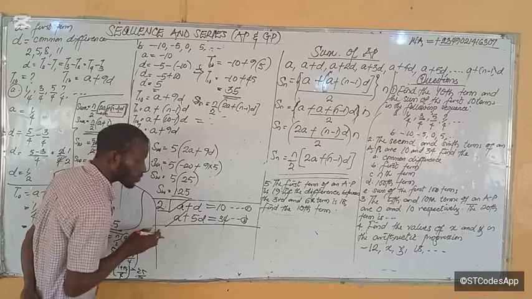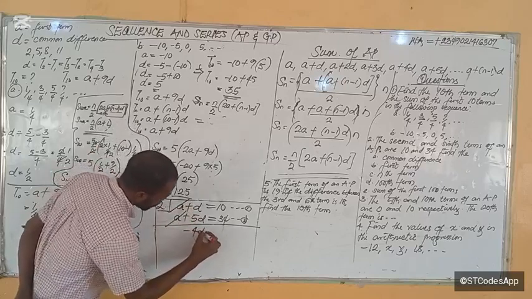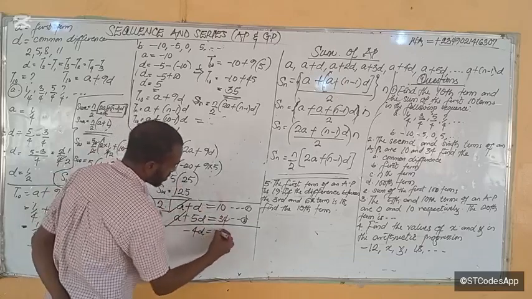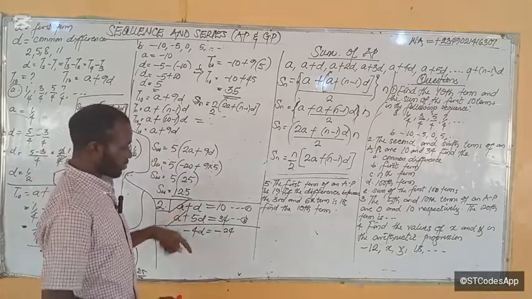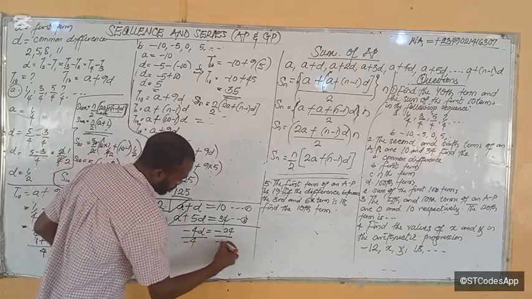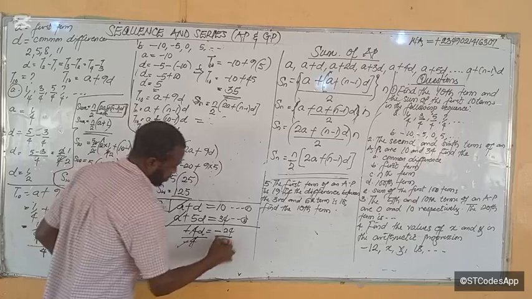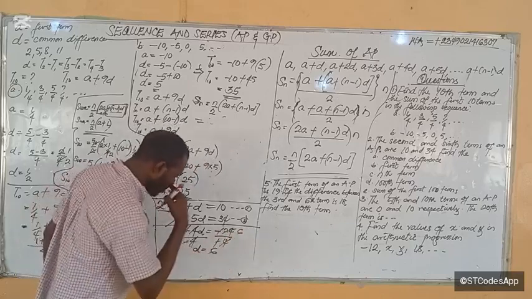This minus this will give us 0. d minus this will give us minus 4d is equal to this minus this, 10 minus 34, which is minus 24. Is that clear? So divide both sides by minus 4. Yes, 6. So that d becomes 6.